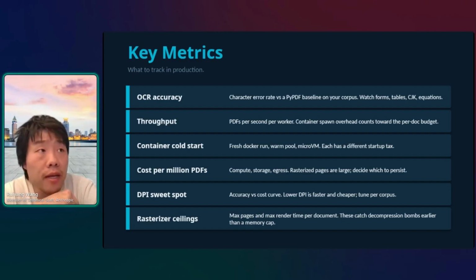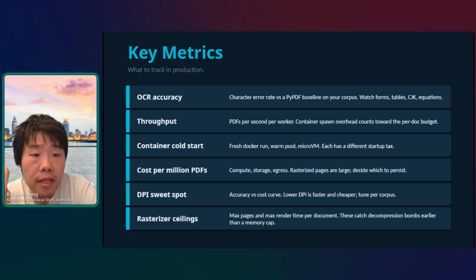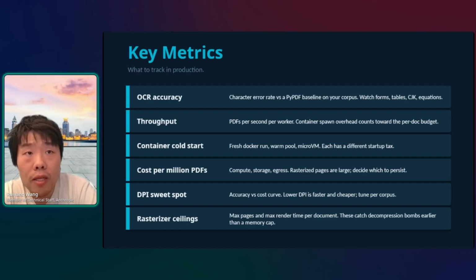You can keep a small data set with a variety of different PDFs, and you collect those images and put them into this new model. You can test the accuracy of that model against your current model, and also you will have the GPU hours spent on the same amount of data set. What's your throughput, and what is the cost like?